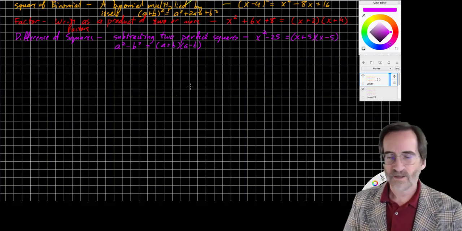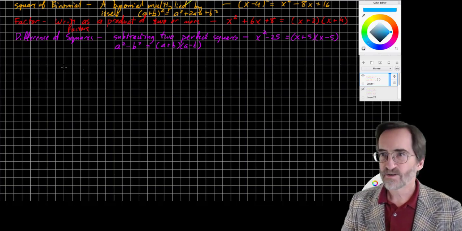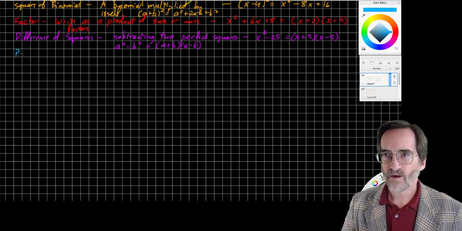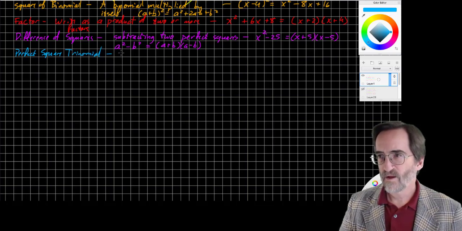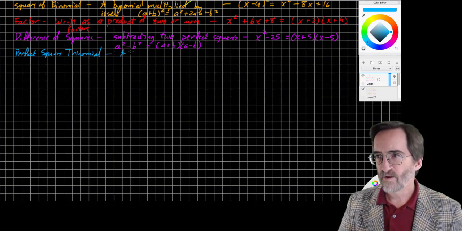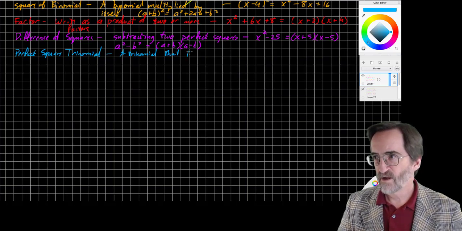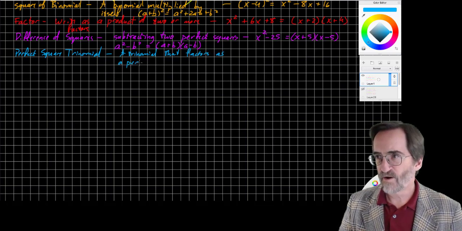Difference of squares. Perfect square trinomial. A trinomial that factors as a perfect square.